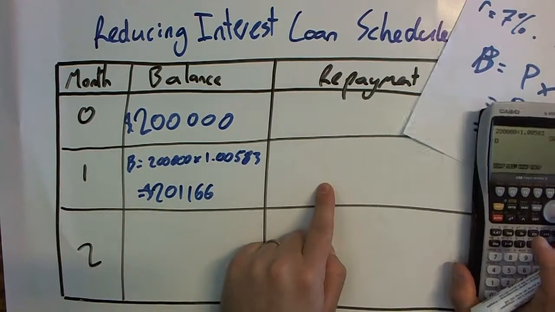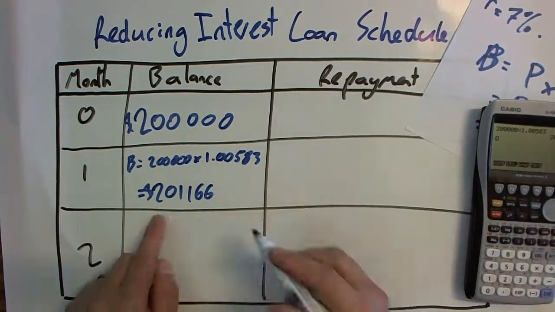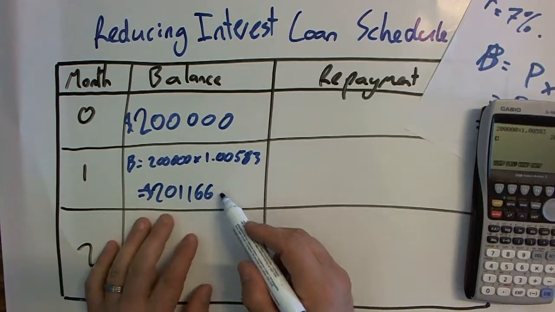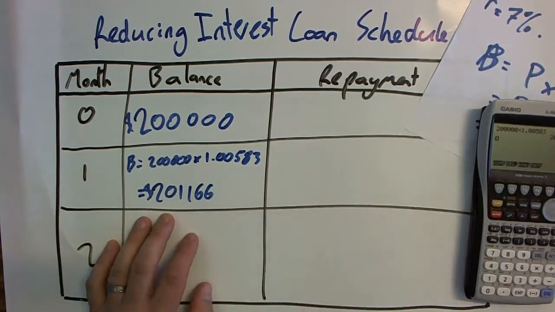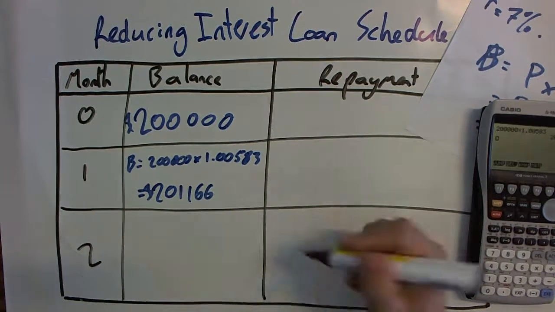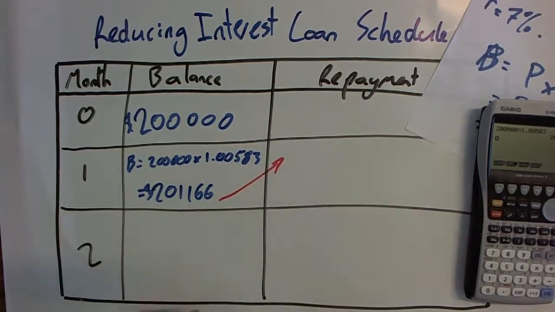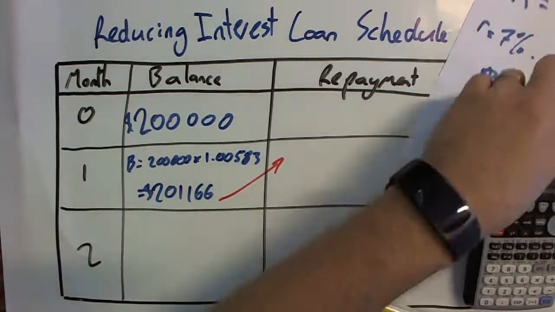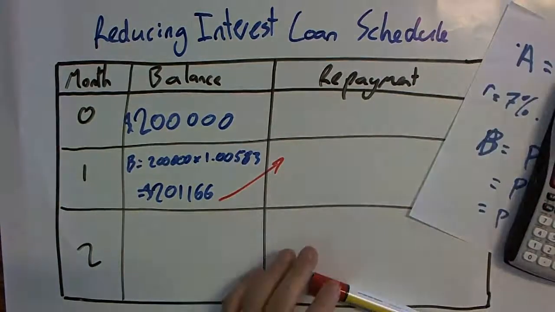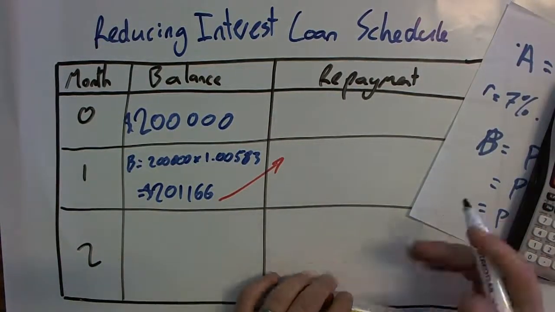Now I take away any repayments. Let's say I repay $3,000 per month.